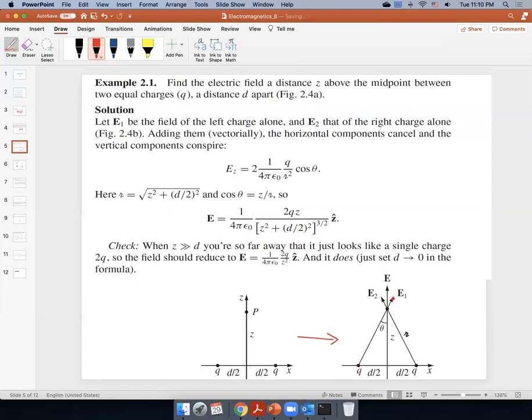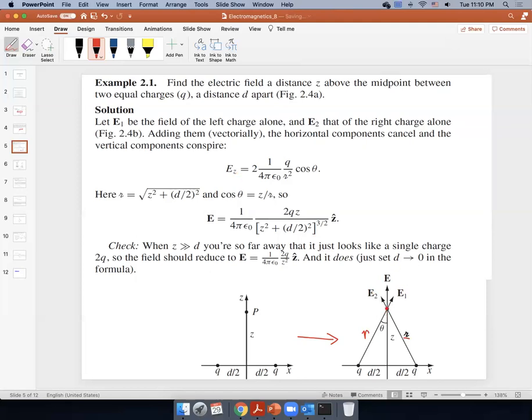How to calculate E1? Let's use Coulombic equation, which is Q over 4 pi epsilon R squared. R is shown here. This is R. This is also R. So that's E1.